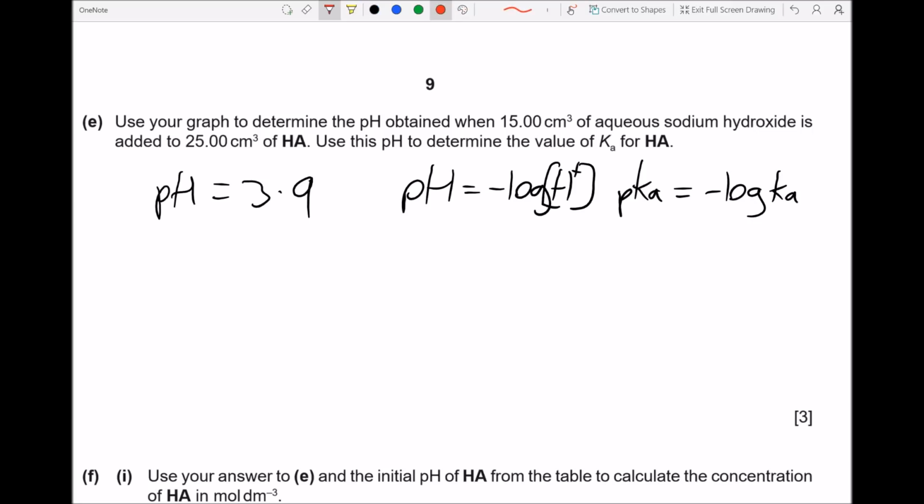And actually what we need to work out is Ka. So at the half neutralization point, the value of this will equal the value of that. And because we know the value of pKa, we can then work out Ka as a result. We can do this because we're at the half neutralization point. If we weren't, you obviously can't do this. But because this question is, it makes our lives a little bit easier. So I'll show you how it works. It's dead easy.